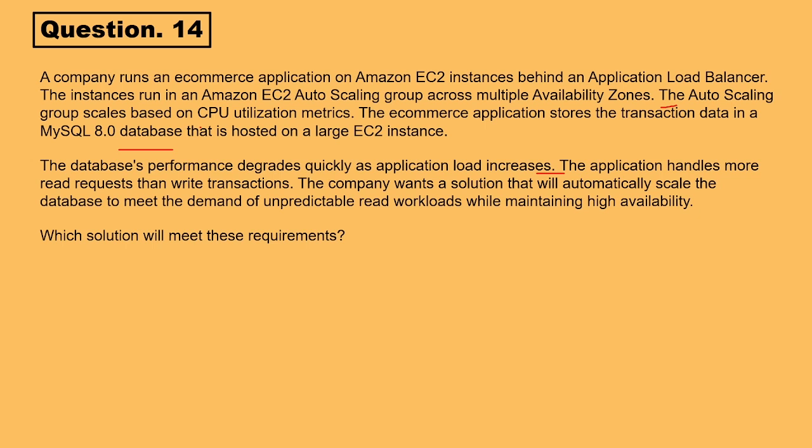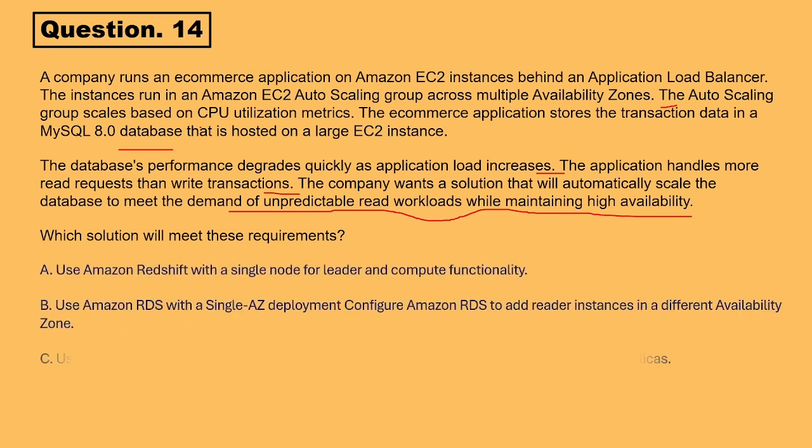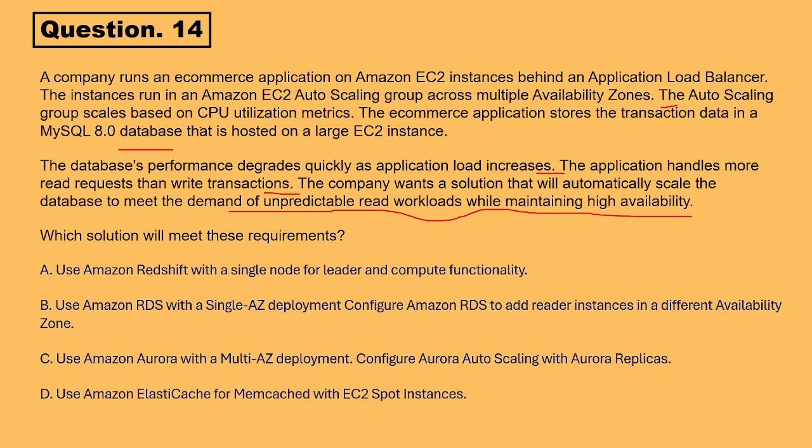The application handles more read requests than write transactions. The company wants a solution that will automatically scale the database to meet the demand of unpredictable read workload while maintaining high availability. Which solution will meet these requirements? Here are the options. And the keyword is that unpredictable read workload will be there and availability should be high. With that keyword, please try to answer this.